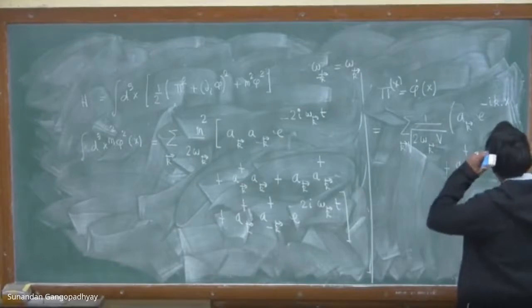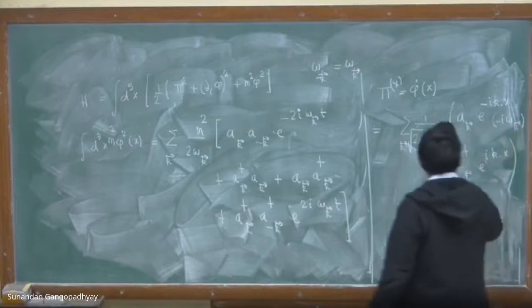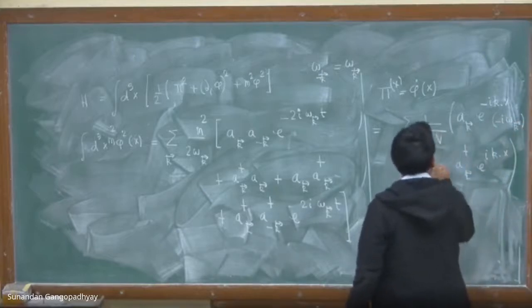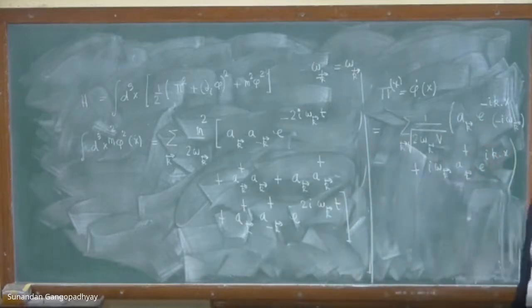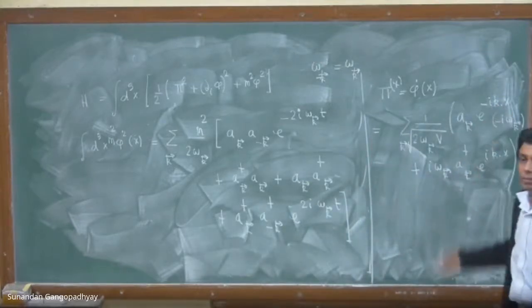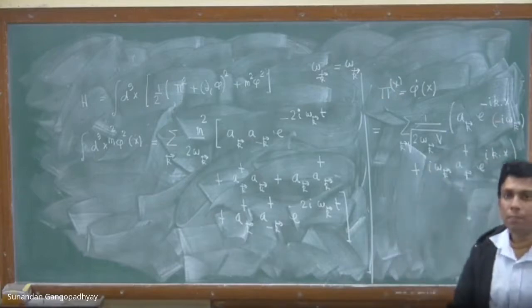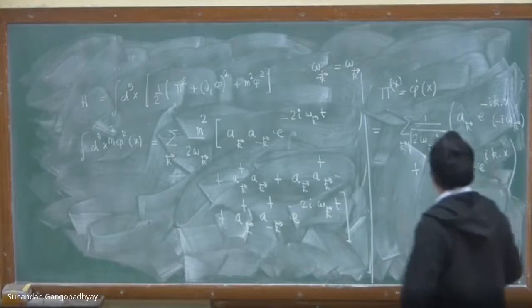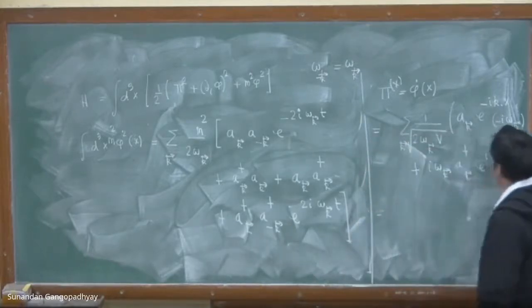So if you take a time derivative, that will give us a factor of minus i omega k, and this will give us a factor of i omega k. This is what pi of x is. It is as simple as that. Just differentiate the mode expansion for phi of x with respect to time t, and that will give us this thing. And now you see you have a factor of omega k and omega k.